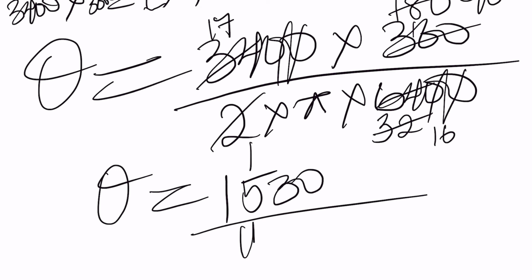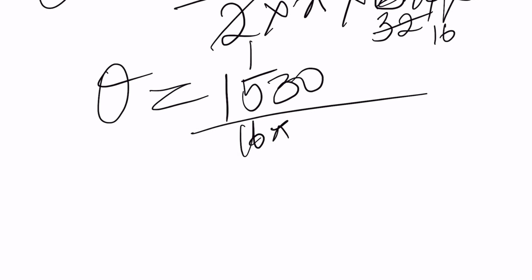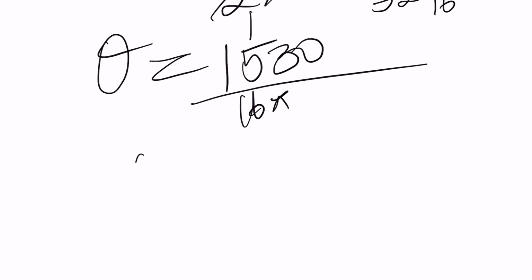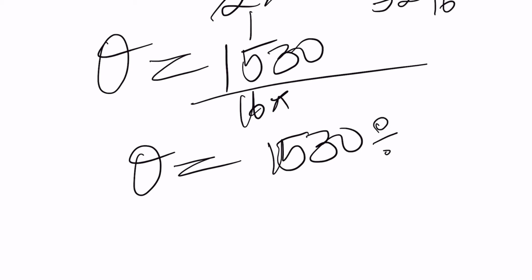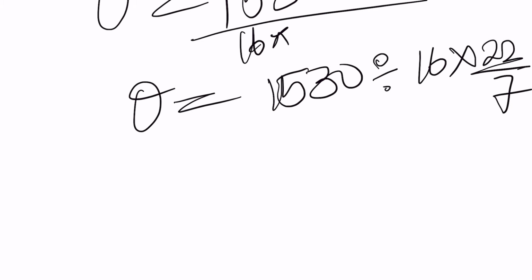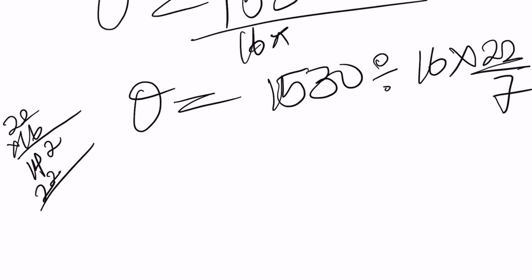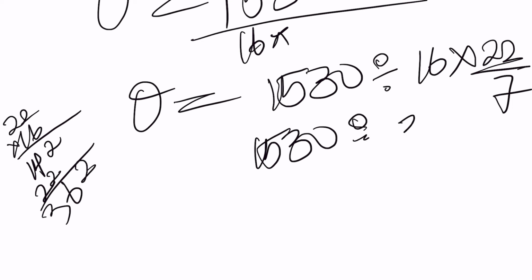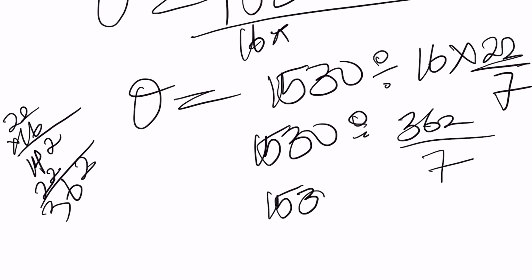Taking pi as 22 over 7, theta equals 1,530 divided by 16 times 22 over 7, which is 1,530 times 7 over 352.